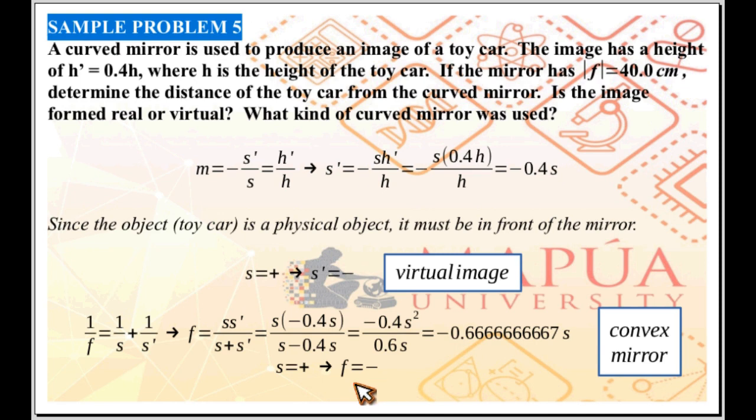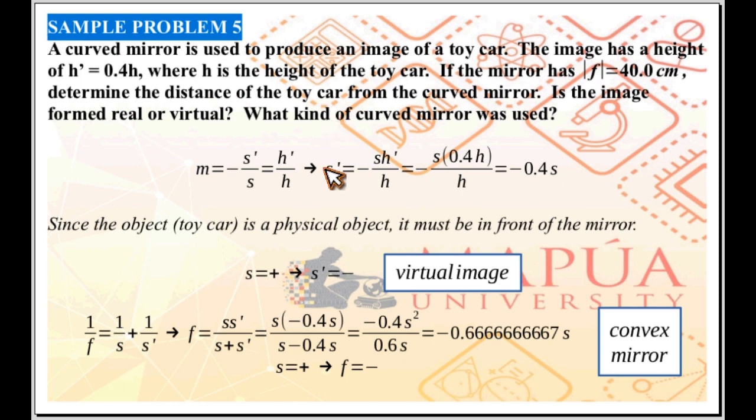For a mirror, F is negative, you have a convex mirror. So we have answered the last two questions. Is the image formed real or virtual? The image is virtual. What kind of mirror was used? Convex mirror.